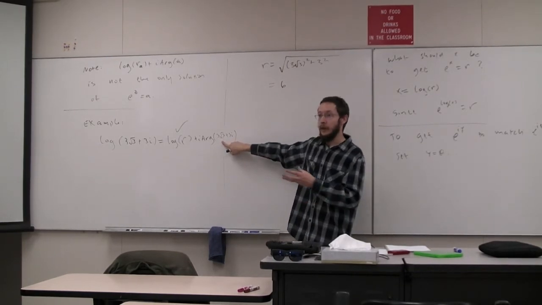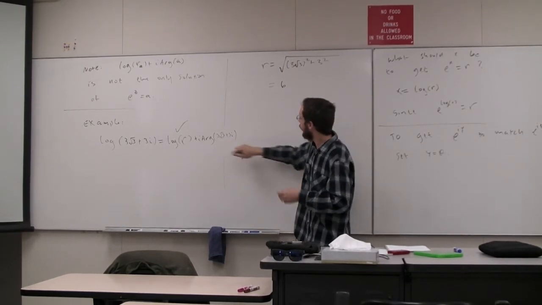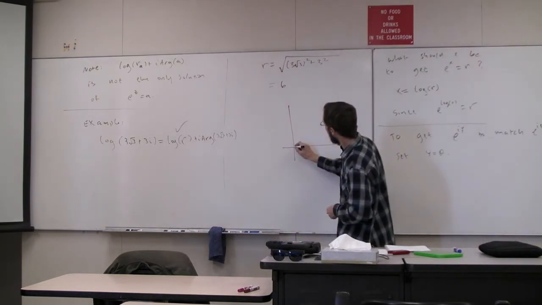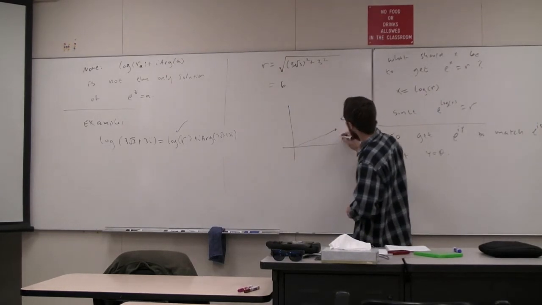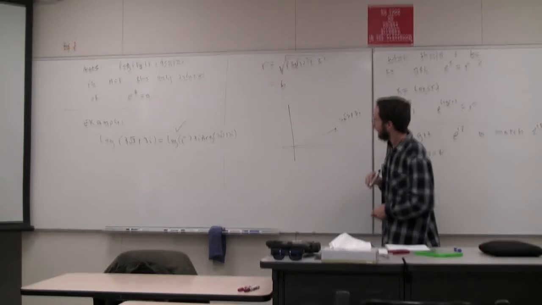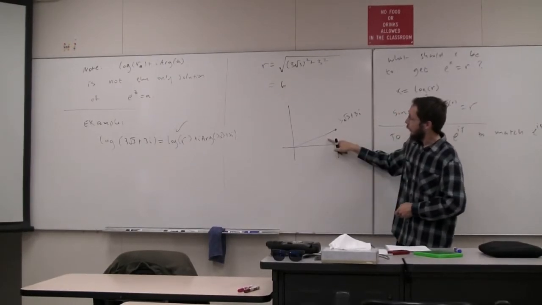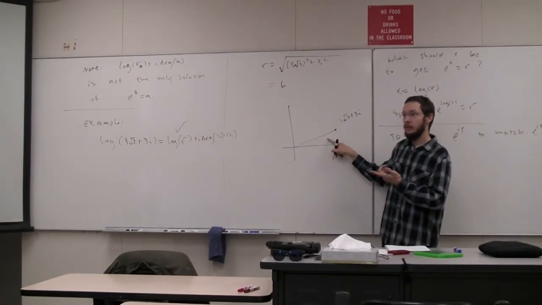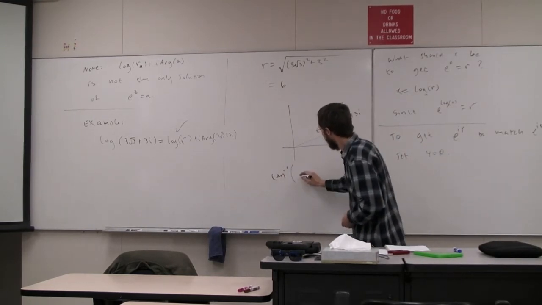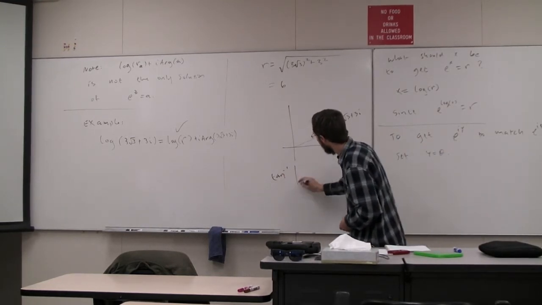Now we need the argument, or the angle, for this complex number. It's at 3 square roots of 3 and 3. And so we know that to compute the argument, take the inverse tan of the absolute value of the ratio of the components.